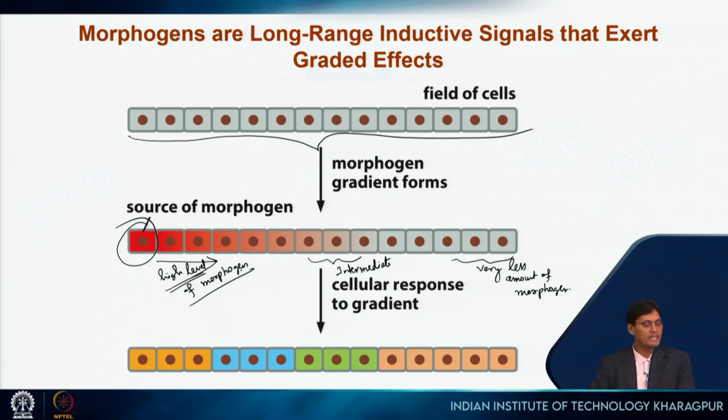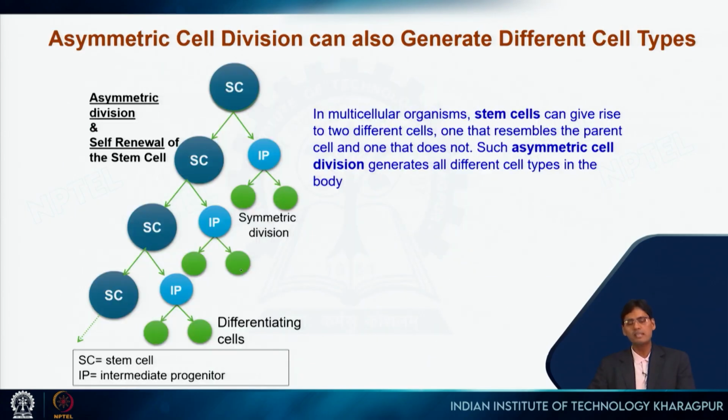So as a result of that, this morphogen also helps to determine the specific function of specific cells present in the surrounding. And here this is the last concept for the generation of different types of cell. So as you can see, asymmetric cell division can also generate different types of cells.